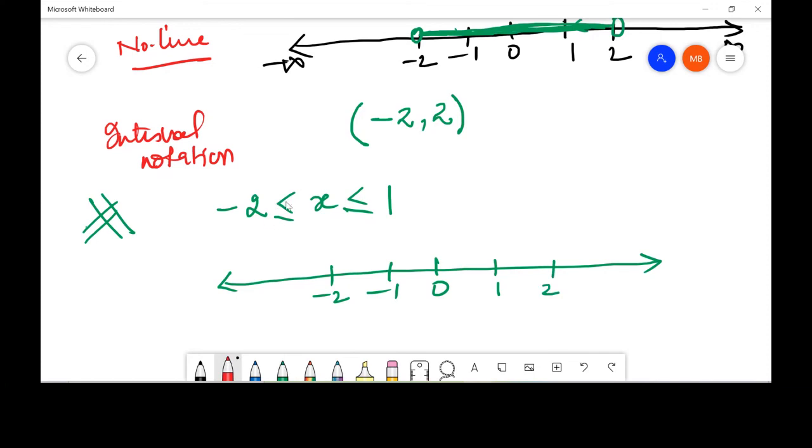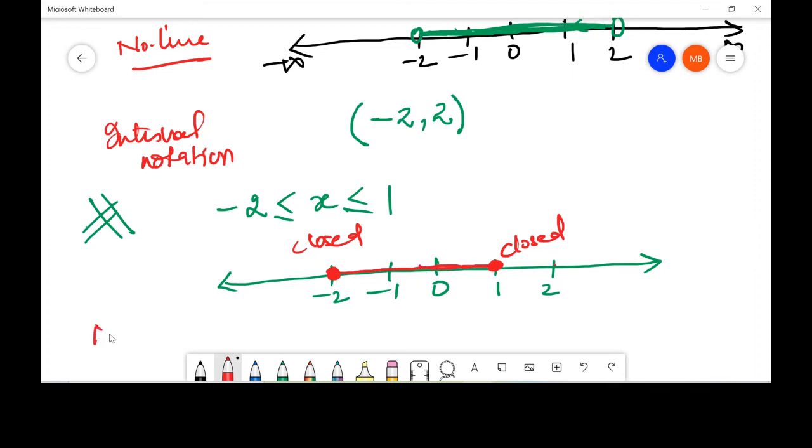Greater than or equal to -2, so you can put a solid circle, a closed circle here. Less than or equal to 1, so you can also put a closed circle here, another closed circle. So all real numbers between -2 and 1 are your solution.